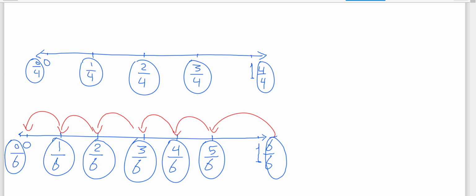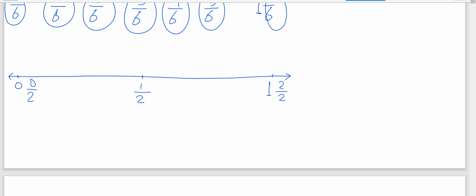Okay? If I was going to count by halves, I could say 0 halves, 1 half, and 2 halves.